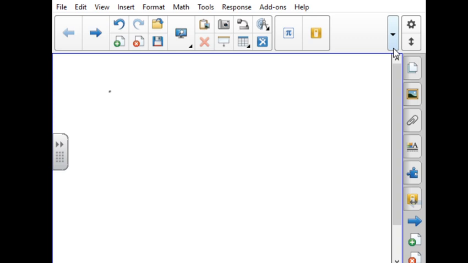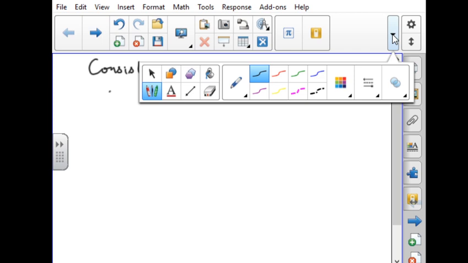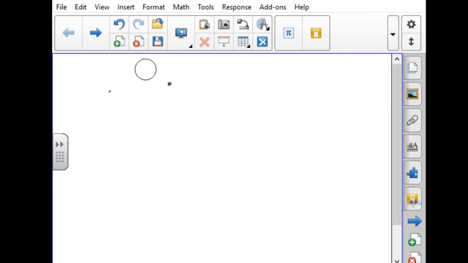Now, in today's class we are going to see consistency, to check the consistency of the given linear system of equations.